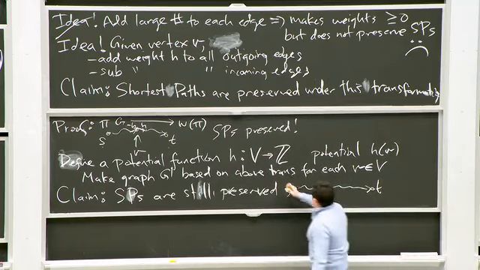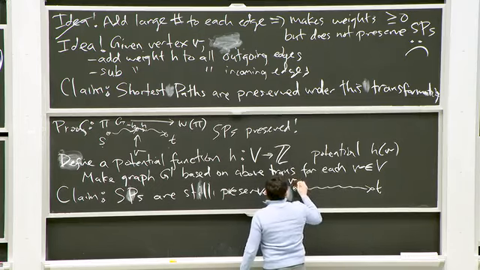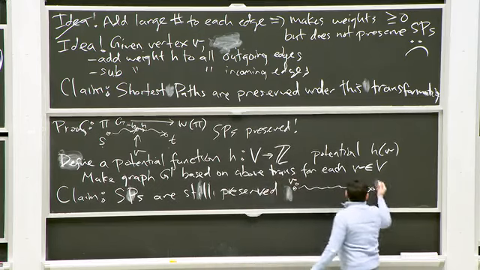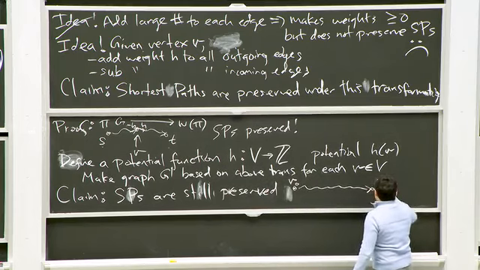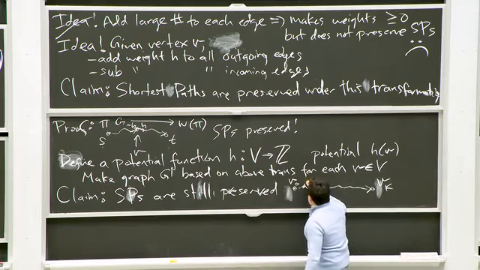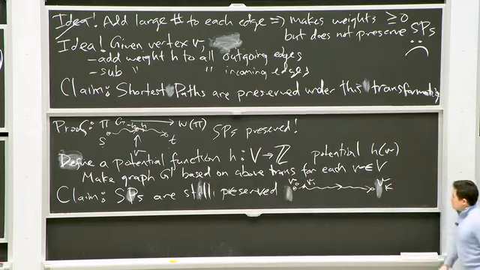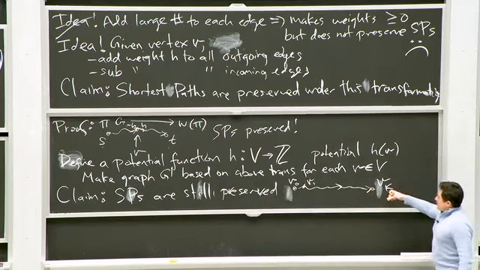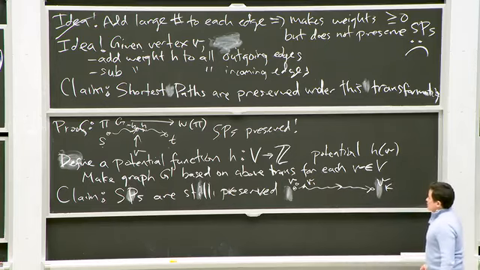I'm going to label these as V0 to VK so that I can number them. This is V1 here. This is a directed path, okay? V1, 2, 3, 4, 5, all the way up to K. Okay, there are K edges in this graph, right?